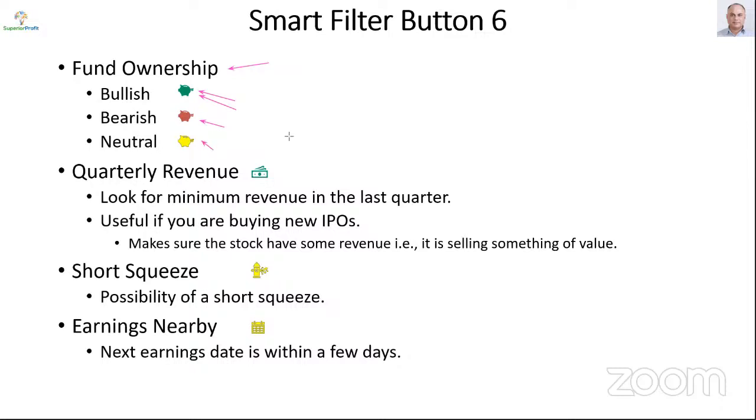If I am investing for longer term, then I would like to have fund ownership as green, at minimum yellow. For longer term investing, I'll avoid buying stocks where fund ownership is bearish, because I'm trying to align more and more forces with my trade's favor.